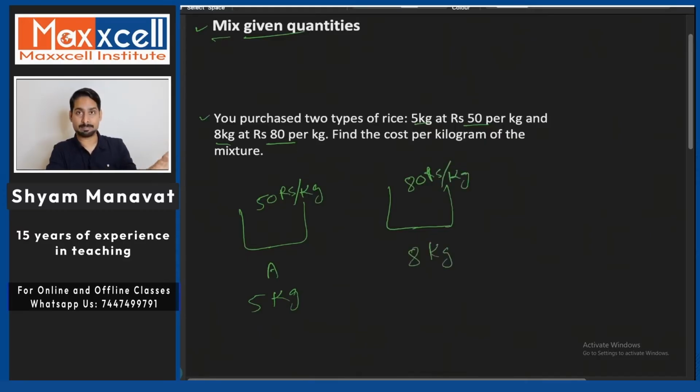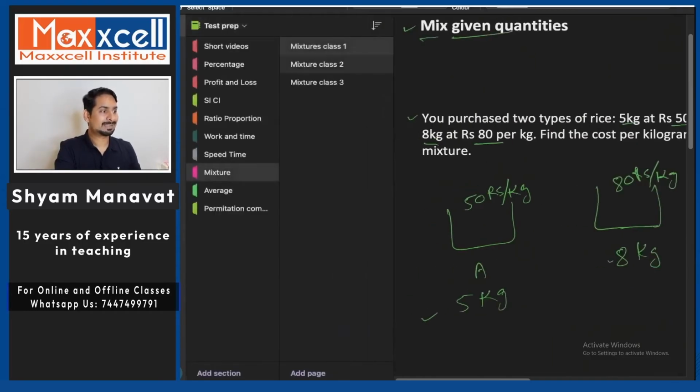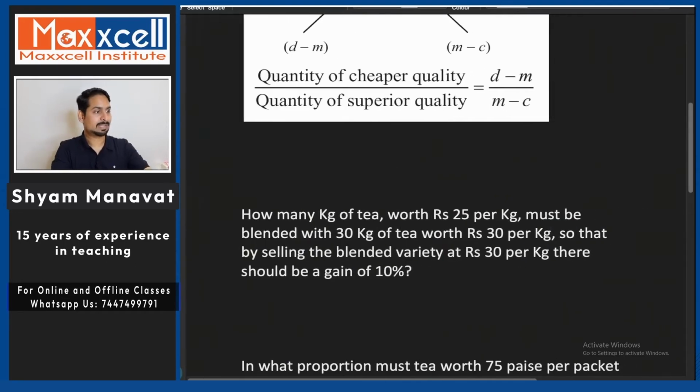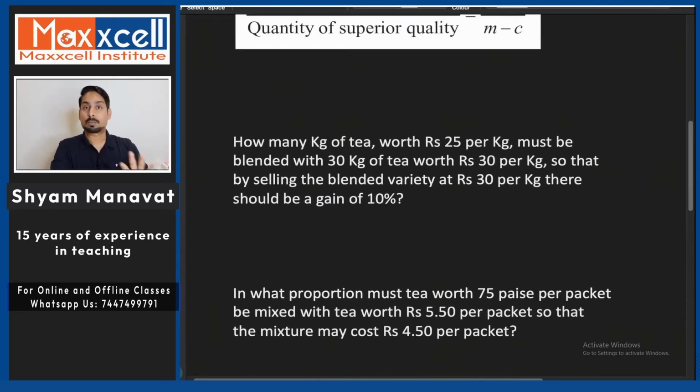So this is one type of question: you're mixing two or more things and forming a new mixture where quantities are given. The other type of question, where the quantities are not given, we will discuss in the next lecture.